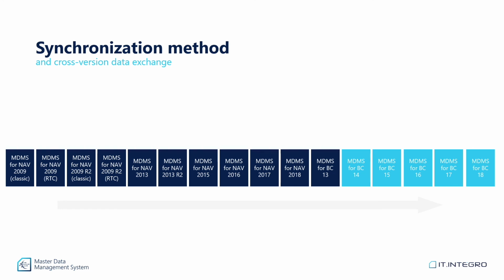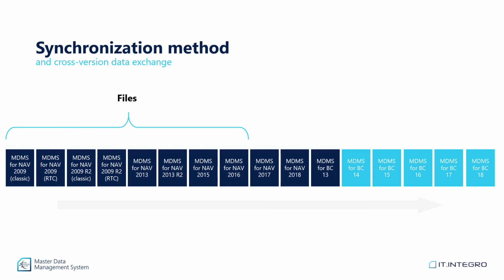In terms of synchronization methods, we are quite often asked about the possibility to synchronize across different versions of NAV or Business Central. So the basic answer is yes, it is possible, no matter what version you are on.